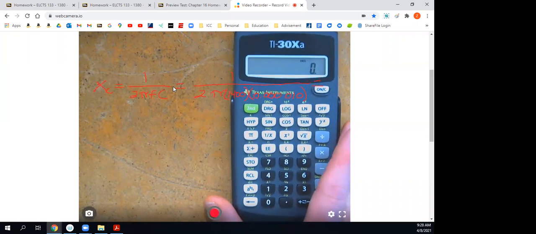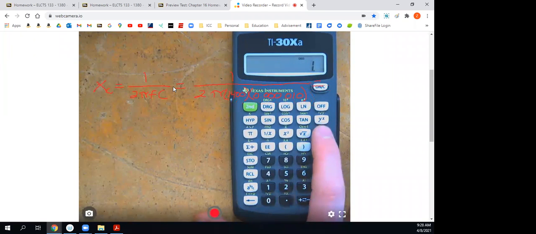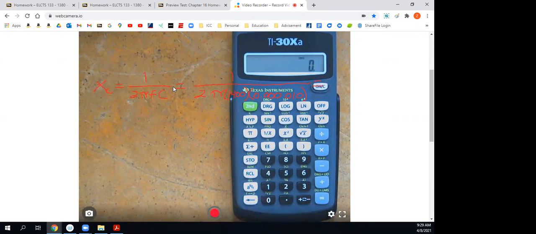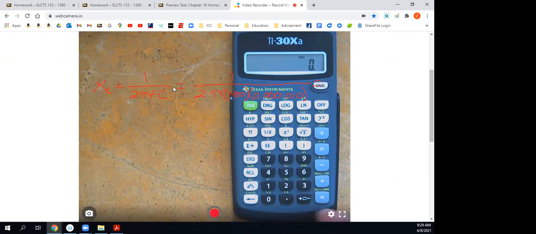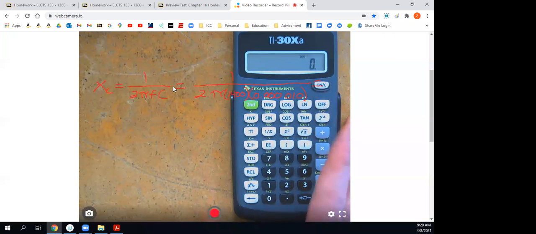What's the difference? Just the 10 exponents. So that e to the minus 6, I don't do that. I type in 0.000001. My brain works better that way. I don't care how you do it, whatever you're most comfortable with.